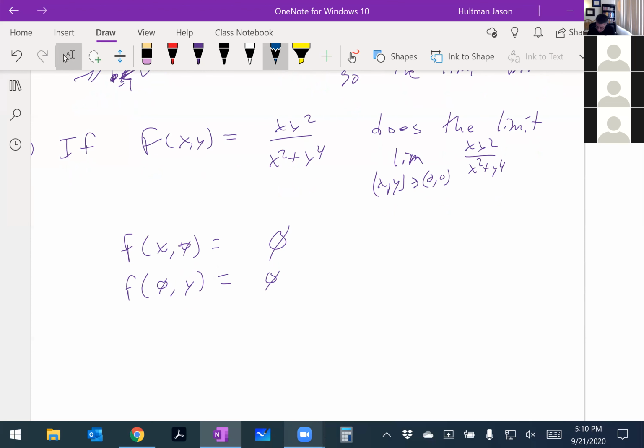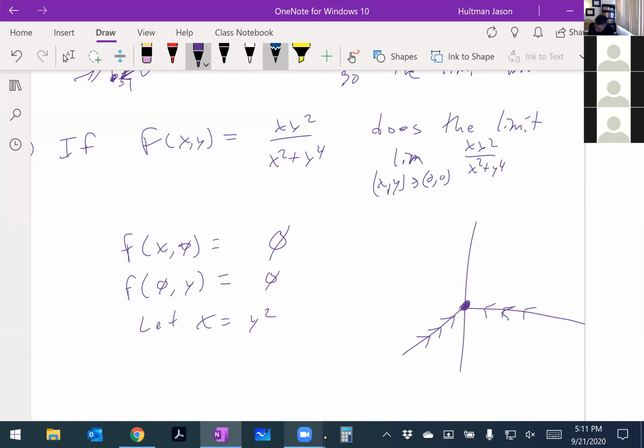Kind of sucks. Okay, what if we let x be equal to y squared? Let x equal y squared. What does that look like? Let's draw this out. If we let x be 0, then we definitely go to 0,0. If we let y be 0, we definitely go to 0,0.